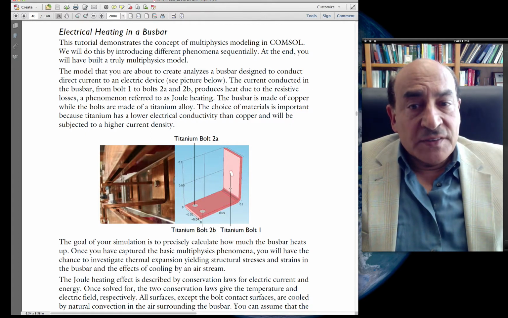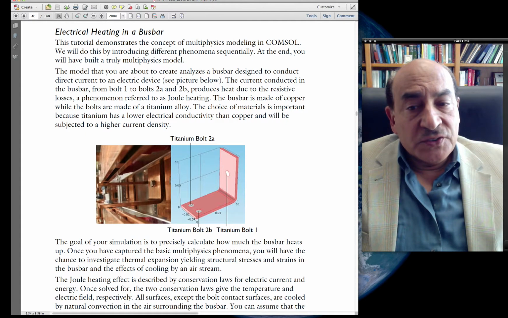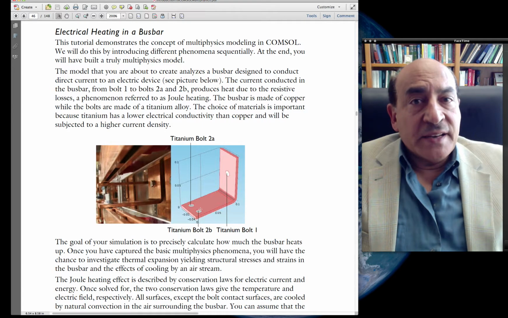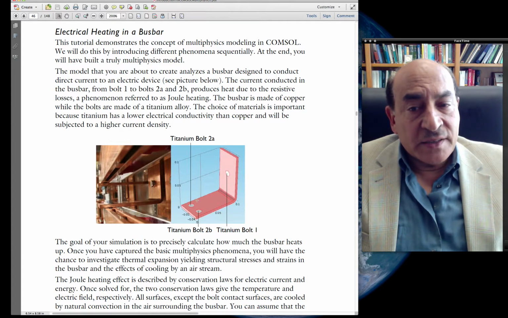What we have in this model is that we're going to have a voltage on the top bolt of 20 millivolt. This is a very small voltage. And then we're going to ground the two bolts on the bottom. So if we think about it as a circuit problem, there's going to be a current that will flow from the top bolt through the brass, which is like a wire, and it will flow into these two holes.